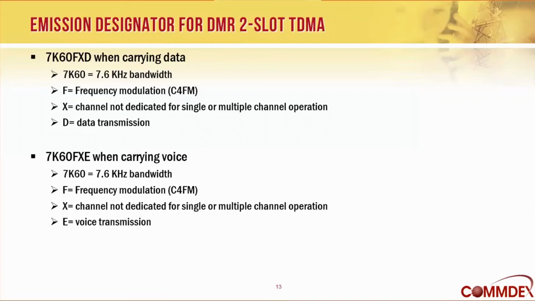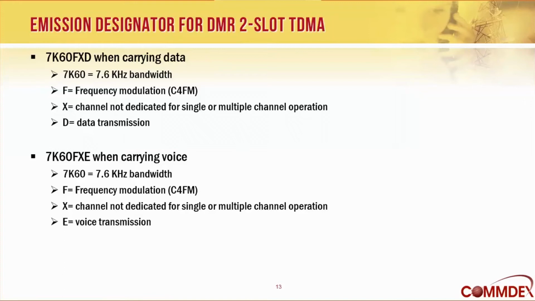So that's why this becomes an X. And D means it's carrying data. Now, if it's carrying voice, only one character changes, and the D changes to an E. So everything else is the same, except it's carrying voice, and the E means it's carrying voice transmission.